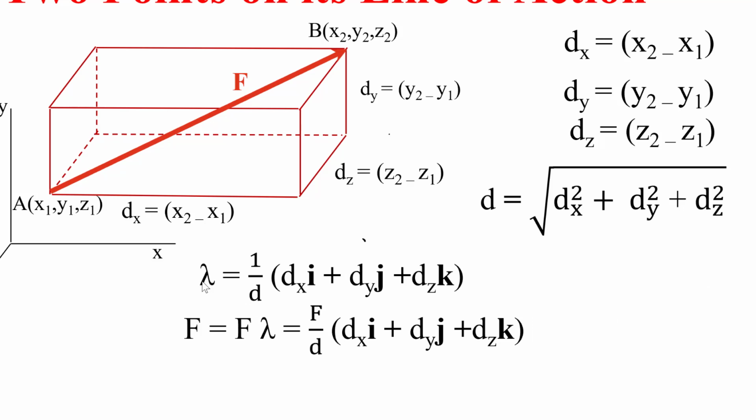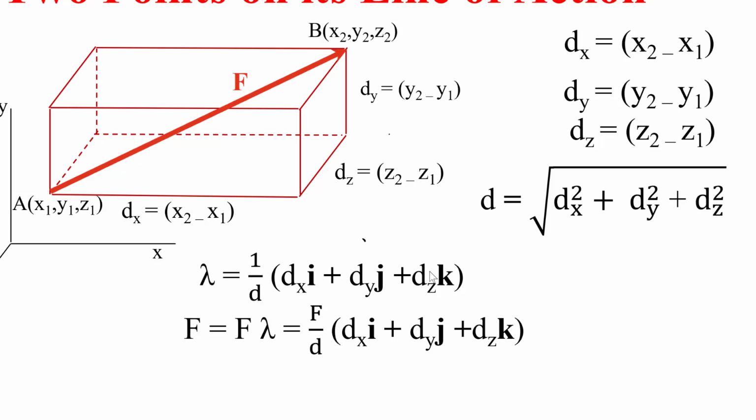The vector lambda, we call it the direction cosine vector. If I multiply it by the magnitude of the force, it gives me the x, y, and z components of the force along the coordinate axes. So we multiply the force by lambda, and lambda is 1 over d.